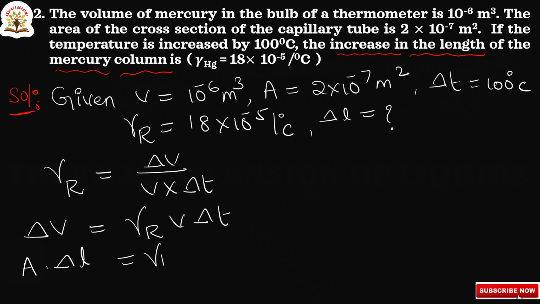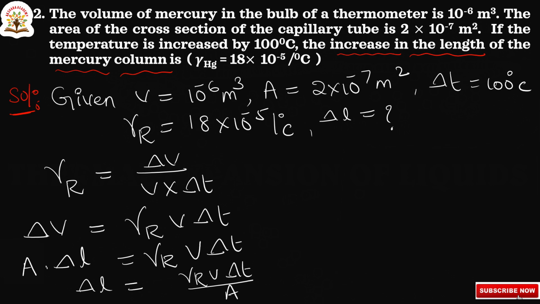So that is gamma R into V into delta T. So delta L is equal to, by the formula, gamma R V delta T by area A.